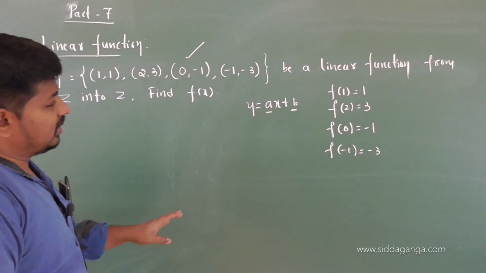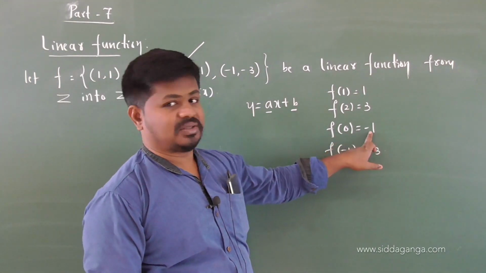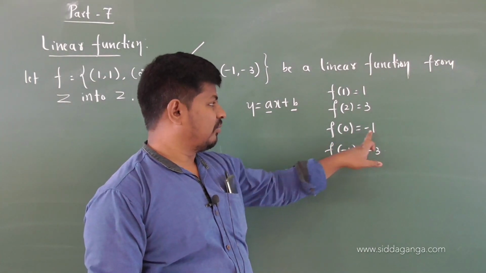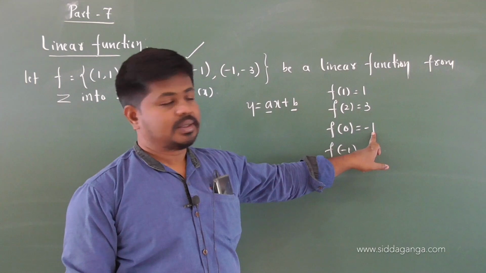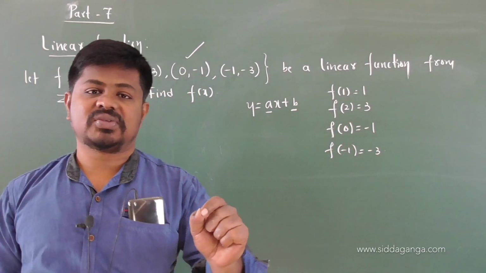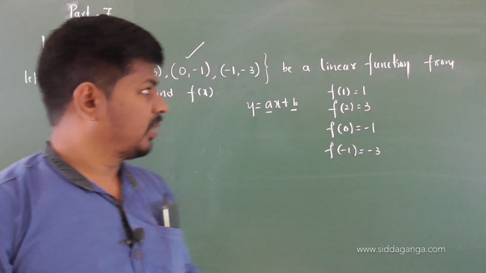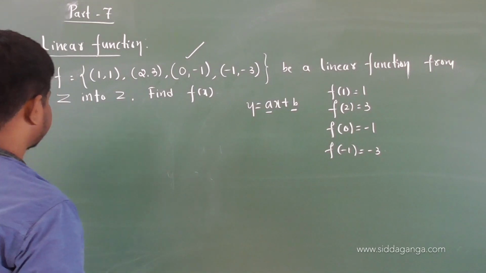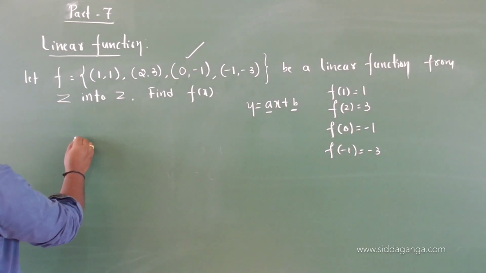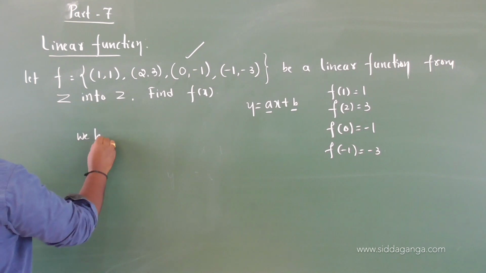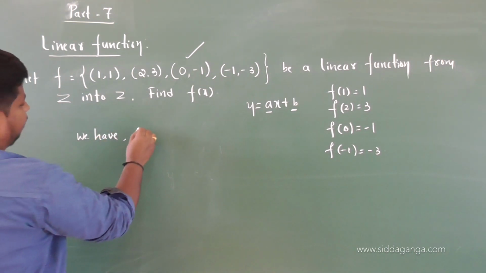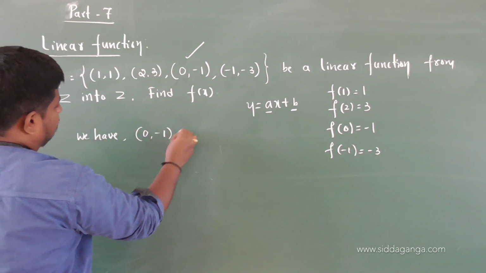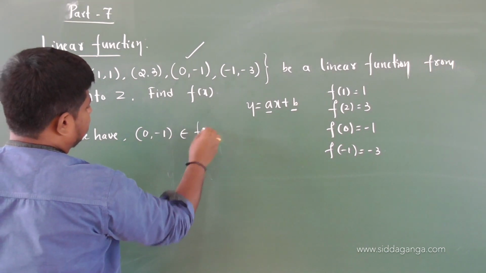Now when the domain is 0, the range is -1. You mean when x is 0, y is -1. The meaning of this is when the x value is 0, y becomes -1. So as we have, (0, -1) belongs to the function, right?